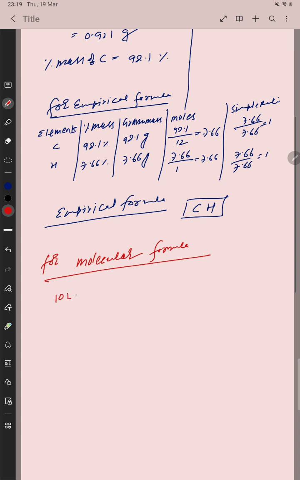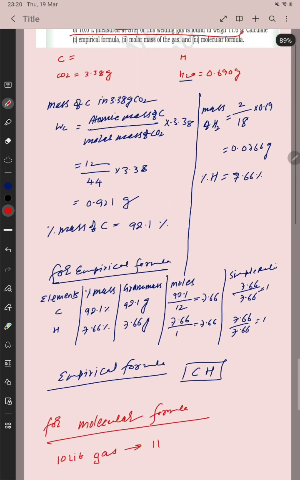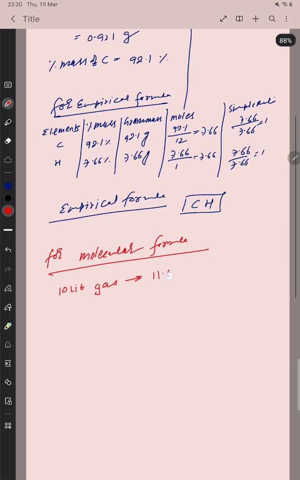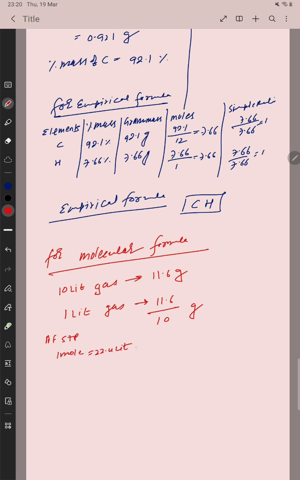So 1 liter of gas is equal to 11.6 upon 10 gram. At STP, 1 mole of gas is equal to 22.4 liter. So 22.4 liter gas is equal to 11.6 upon 10 multiplied by 22.4, which is coming 26 gram, right?